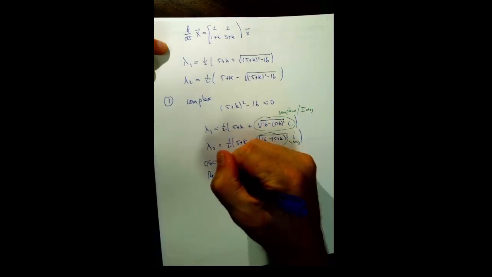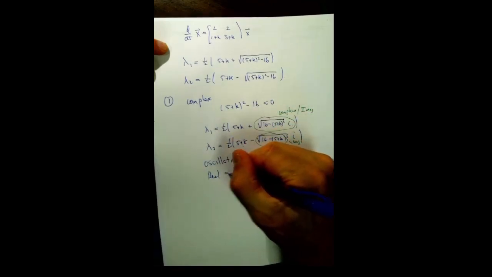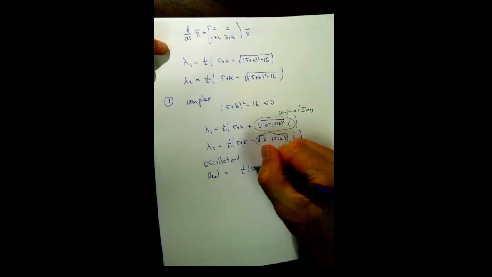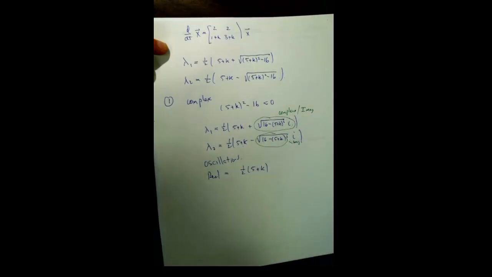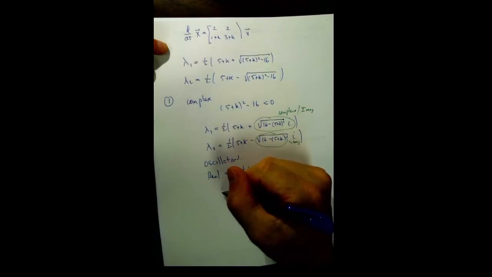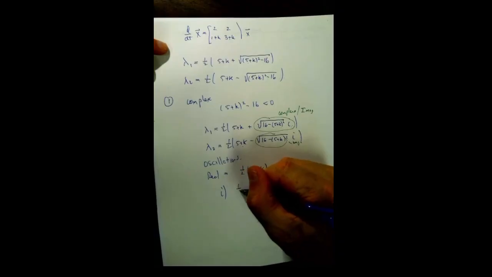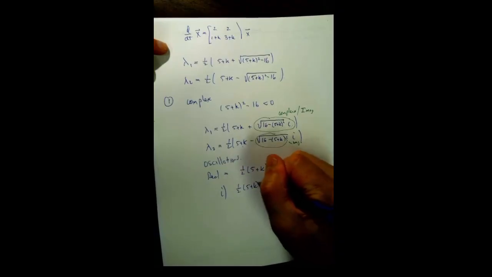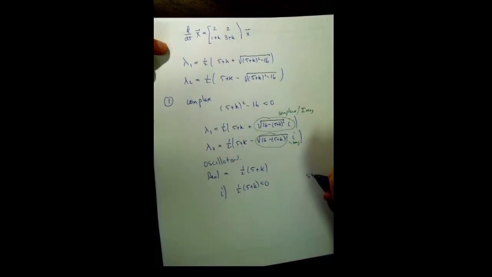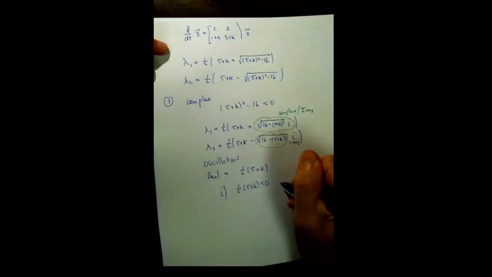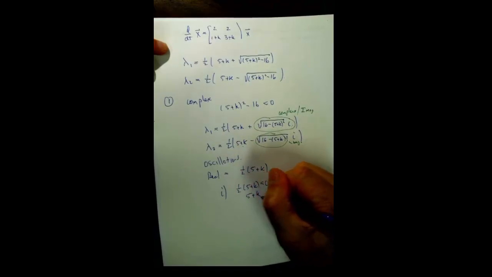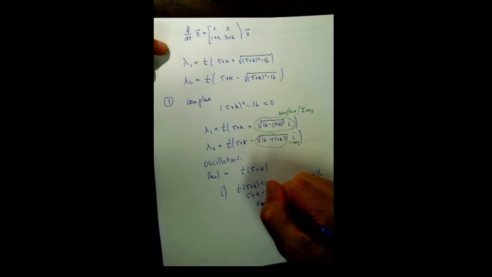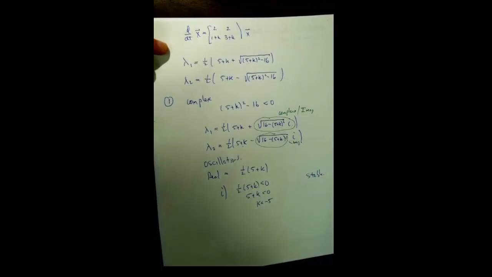And the real part, notice the real part is the same in both cases, is 1/2 of 5 plus k. So if 1/2 of 5 plus k is negative, it's going to be stable. Multiply both sides by 2, so I get 5 plus k is less than 0, so k is less than minus 5.